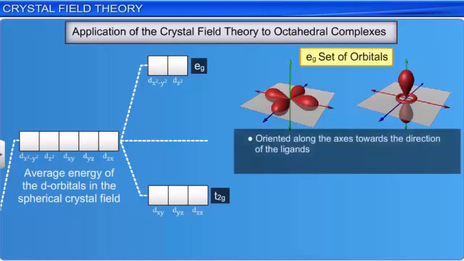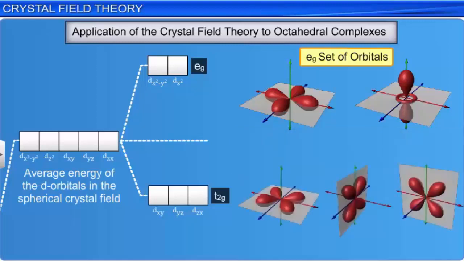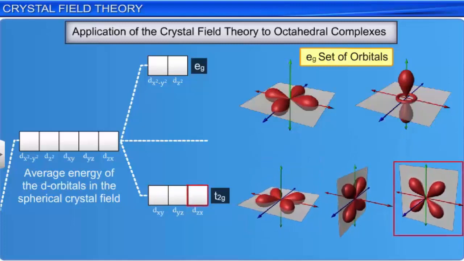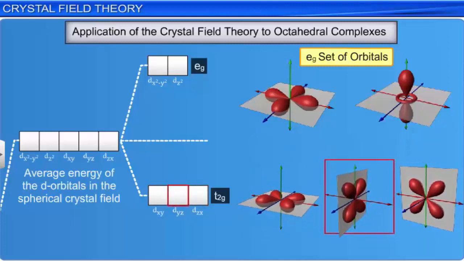Thus, the eg set of orbitals will experience more repulsion than the remaining 3 d orbitals, that is, the dxy, dxz, and dyz orbitals, which lie in between the axes. These 3 d orbitals are collectively known as the t2g set of orbitals.